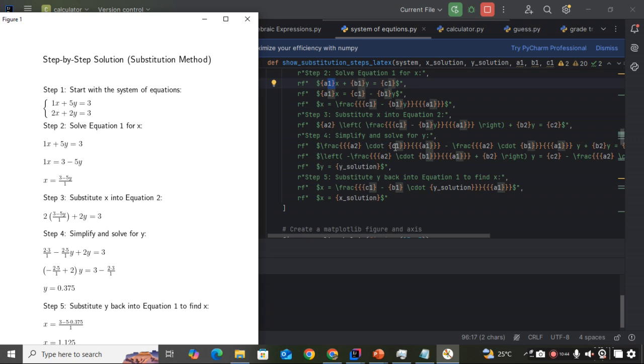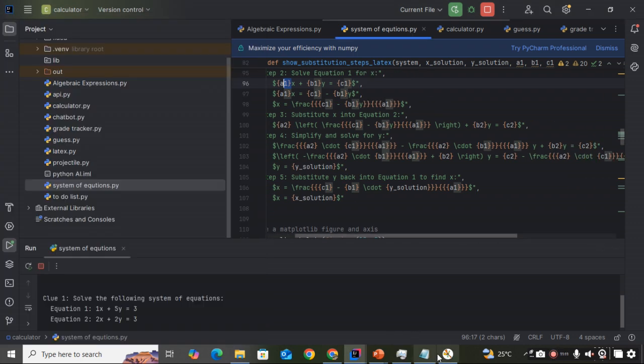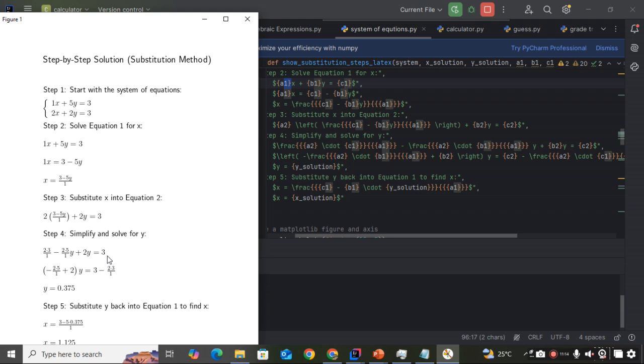So c dot c1 and a1 minus, so we see a minus here. Well, c dot again, b1, a1. So we just essentially multiply this coefficient 2 to the numerator, 3 minus 5y. So we get this plus 2y, so plus b2y equals c2, so equals 3.